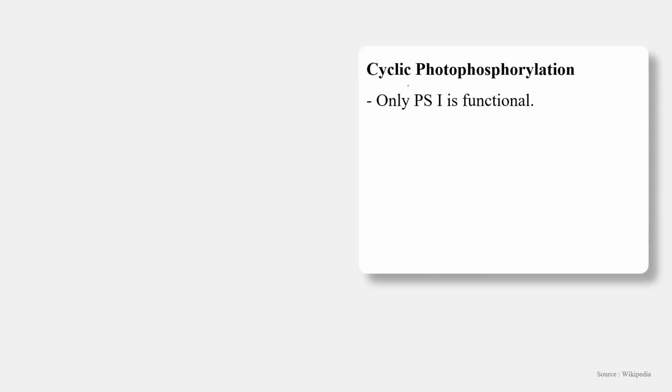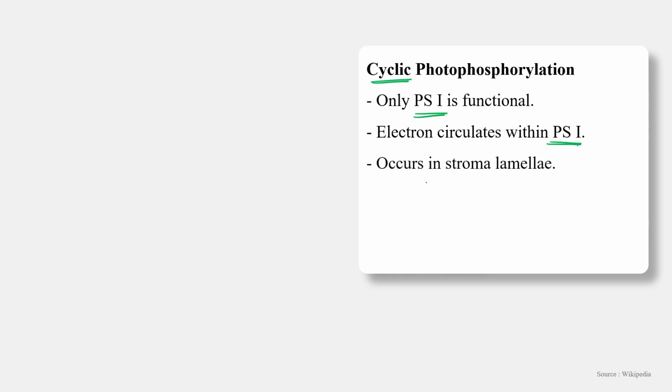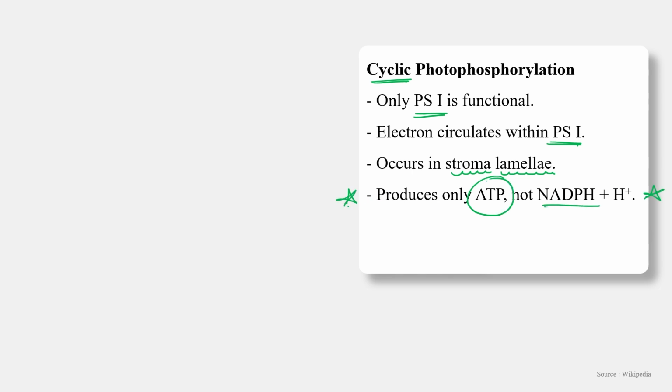While in cyclic photophosphorylation, only one type of photosystem, P700 or PS1, is functional, and electrons circulate within PS1. It occurs in the stroma lamellae, not in the thylakoid, and only ATP is produced, not NADPH.